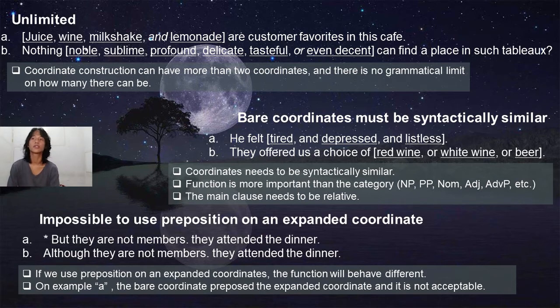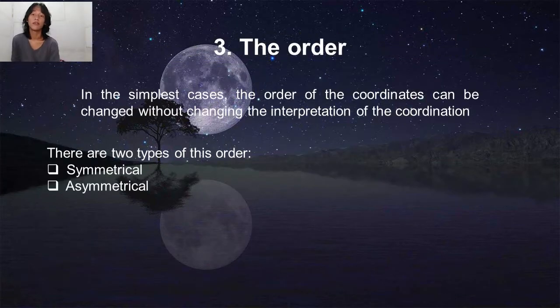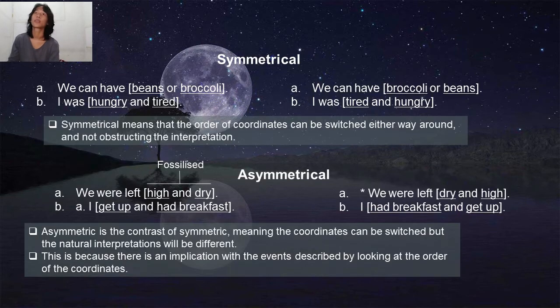And let's go to the next slide. The order. I will read this. In the simplest cases, the order of coordinates can be changed without changing the interpretation of the coordination. And there are two types of order, symmetrical and asymmetrical. Symmetrical, let's see the example.